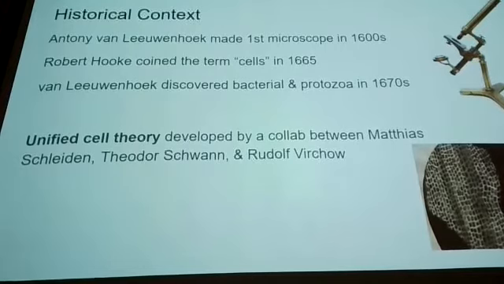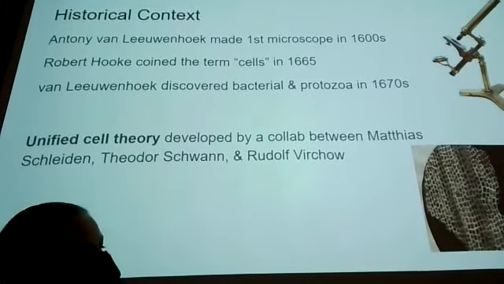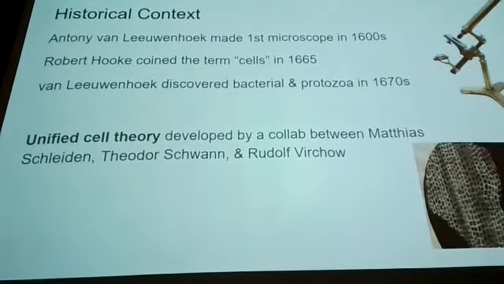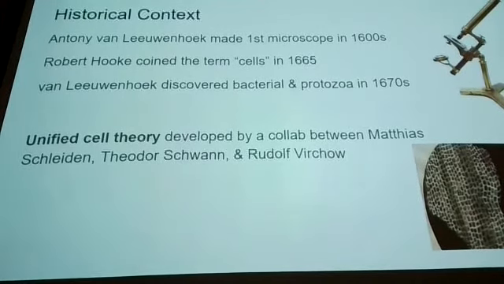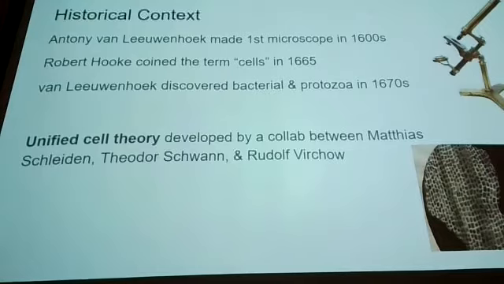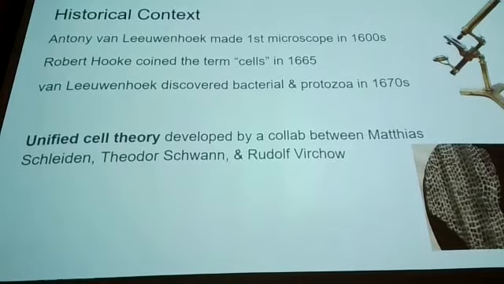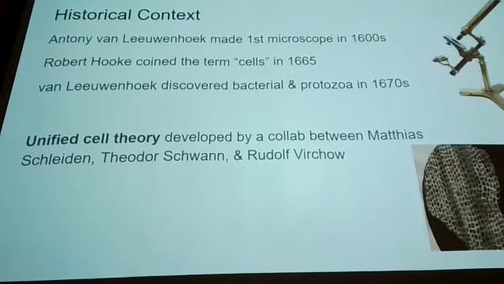Okay, so just some historical context behind our unified cell theory. You thinking back to what a scientific theory is. I Googled how to say this guy's name and I forgot. Anyway, so this Dutch dude made the first microscope, and he was like, oh my God, there's all this stuff that's really little that we didn't know about before because it was too little to see with our naked eye.